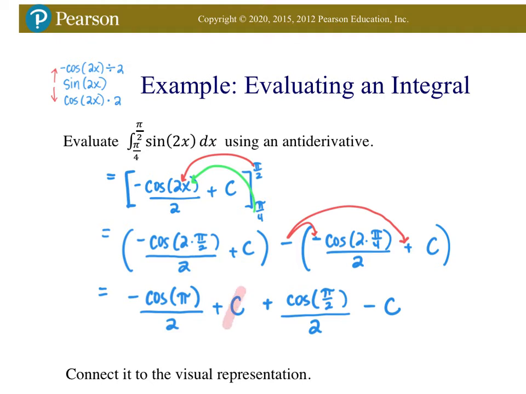The plus c and the minus c cancel each other out. And then the negative cosine of pi, that's negative negative 1 over 2, and then the cosine of pi halves is 0 over 2. So I get positive 1/2.